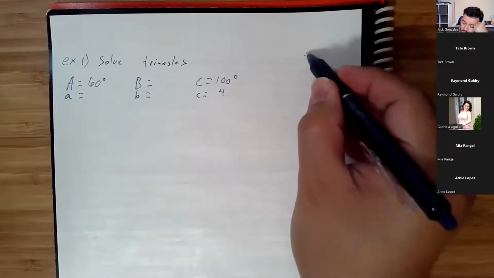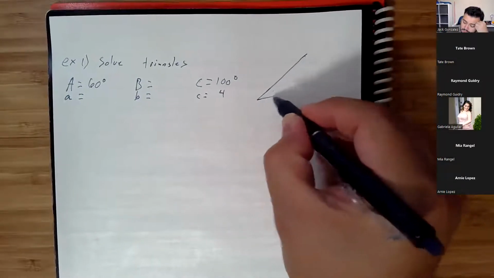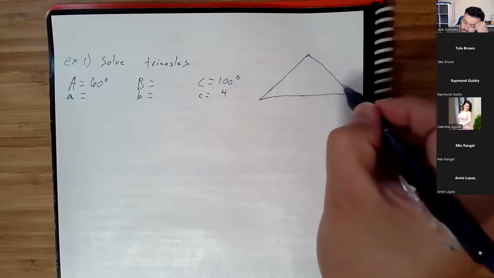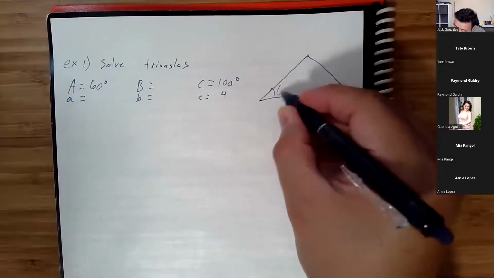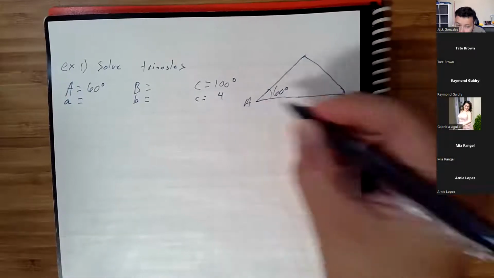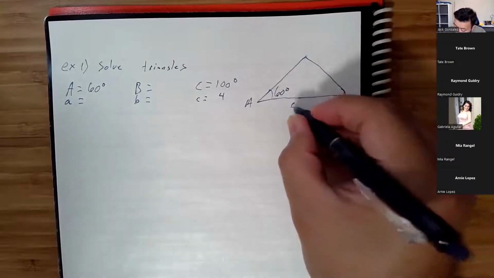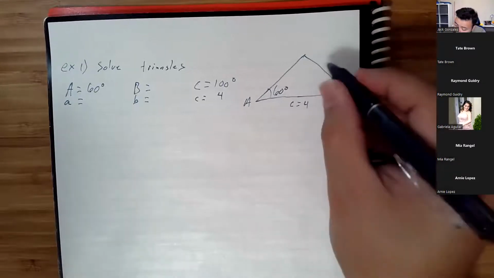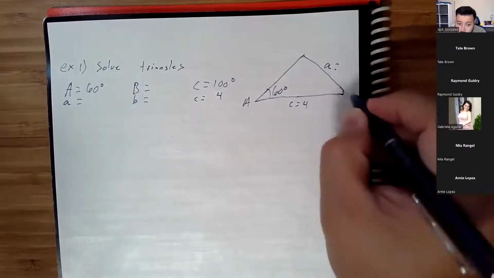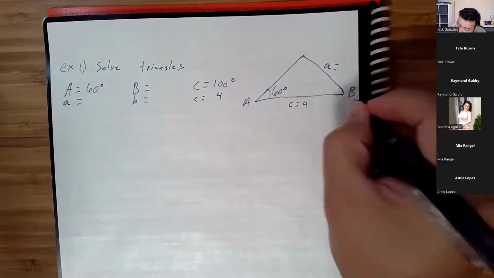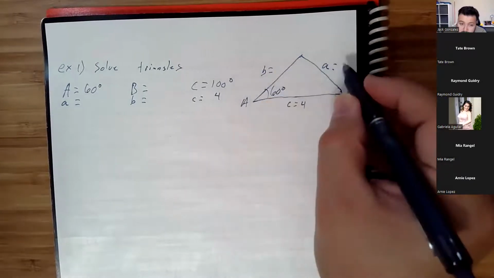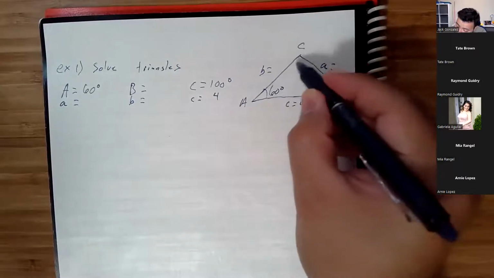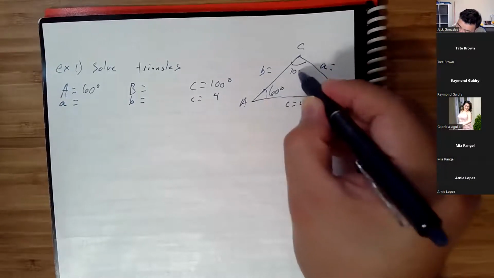Sometimes they give you a triangle drawing. If they were to give us a drawing, it'd be something like this. We don't know little b, we don't know little a. We got capital C at 100 degrees.